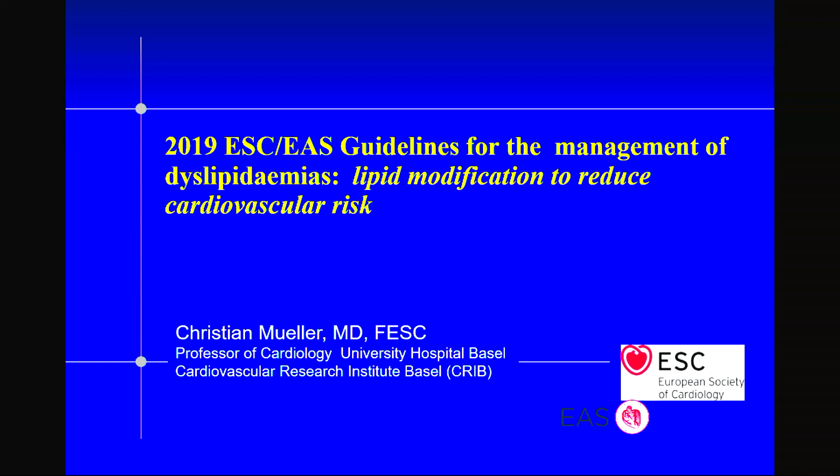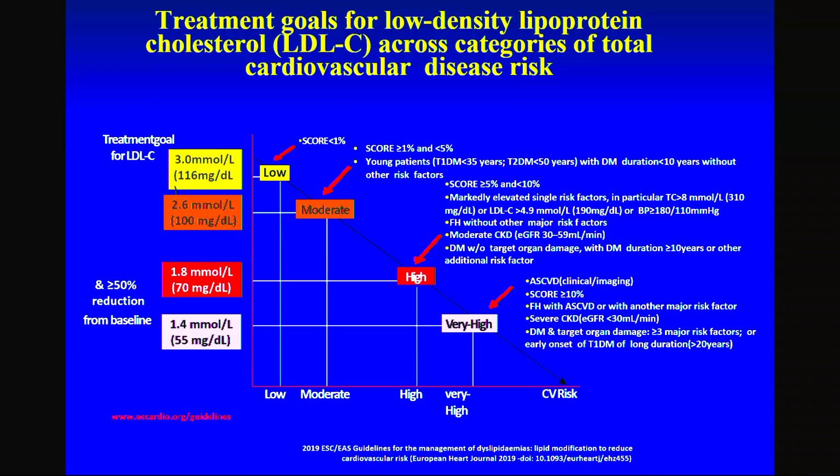Now, I just got back from Paris from the ESC meeting, and they had some incredible presentations on the new guidelines, which I was quite happy to see. They have now gone down to an LDL they recommend of 55 for people with severe cardiovascular disease. Actually below 40 if you have repetitive events, if you're in secondary prevention.